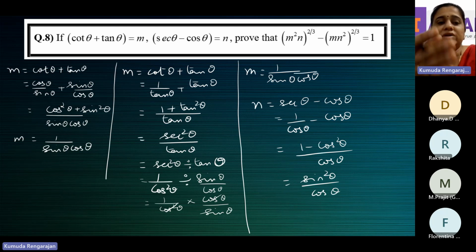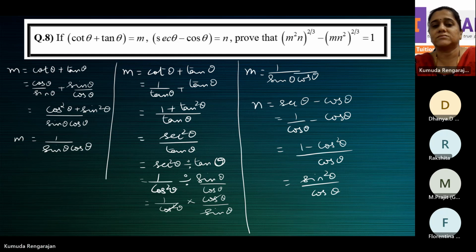If they're completely different, M is something, N is something else, then you should always simplify those expressions and then proceed. Before you substitute in the LHS, you must simplify them and then substitute. Am I clear, children?